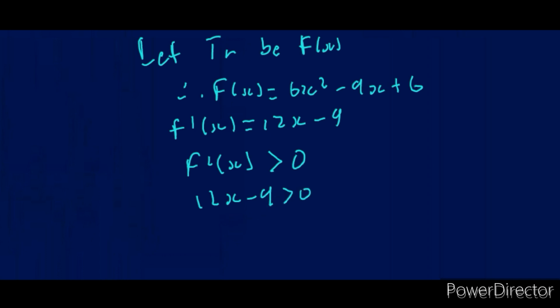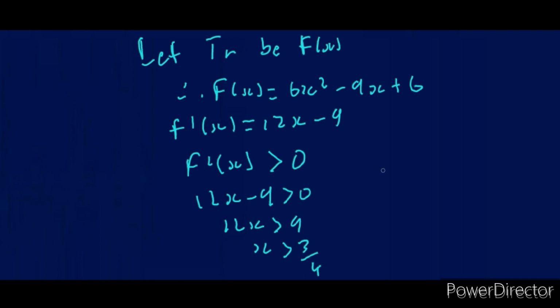So this is going to be 12x is greater than 9, and then when we divide both sides, we will get 9 over 12, which is 3 over 4, just like what we got before. So it means that it's increasing whenever x is greater than 3 over 4.